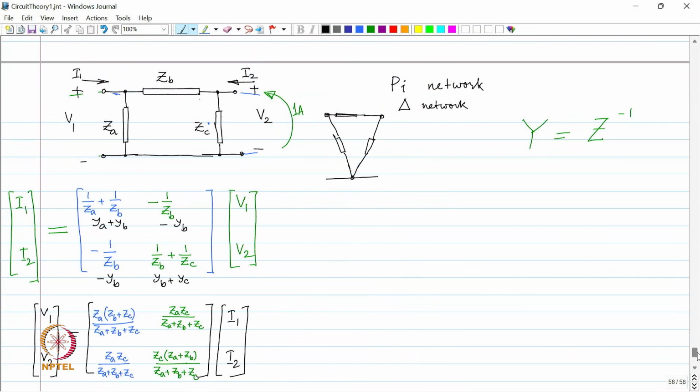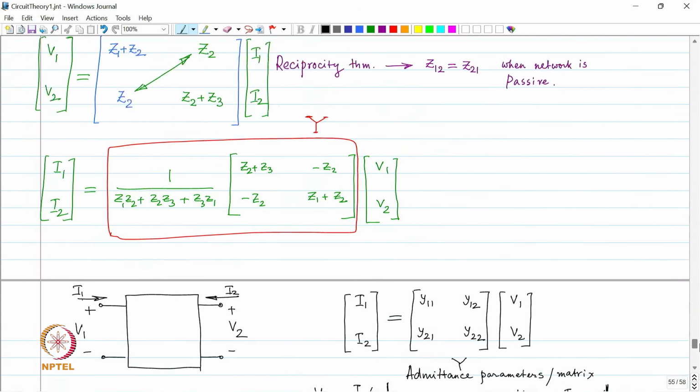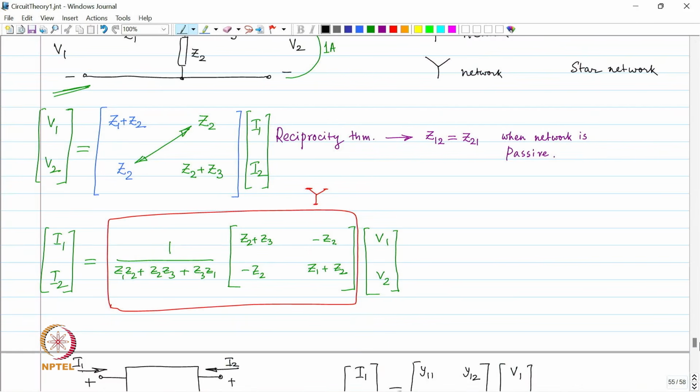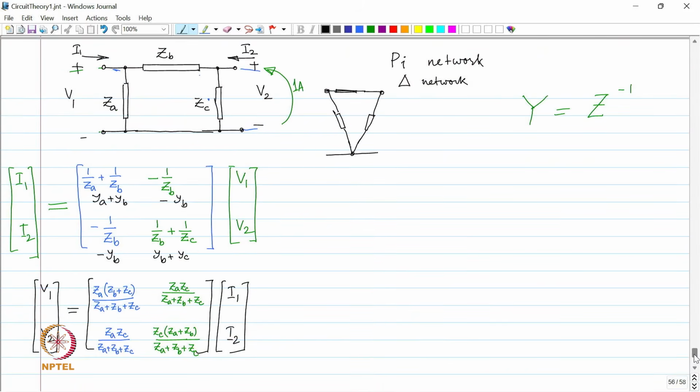That means that the Z matrix of the T network and the Z matrix of the pi network are going to be equal to each other. And similarly, the Y matrix of the T network and the Y matrix of the pi network are also going to be equal to each other.